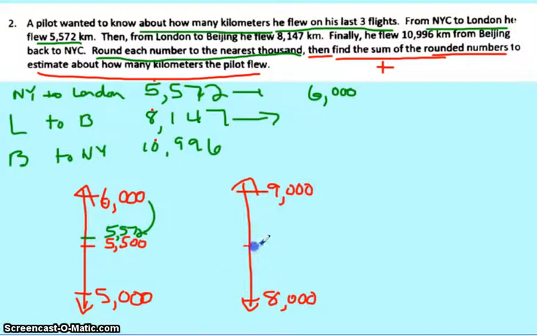And then the midpoint between the two would be 8,500. Well, if we put 8,147, 100 is certainly less than 500. So 8,100 would be close down here to 8,000. So 8,147 to the nearest 1,000 would be closer to 8,000.